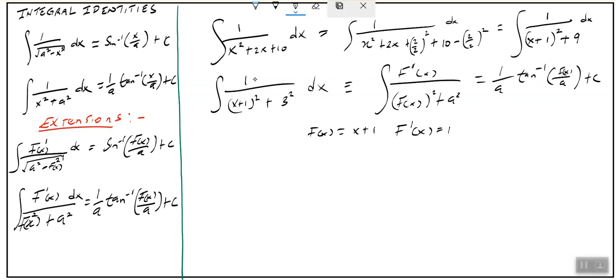And what do you have up here? 1. F prime of x should be the same as what you have at the top. We have f of x as x plus 1, and then f prime of x as 1, which is what we have.